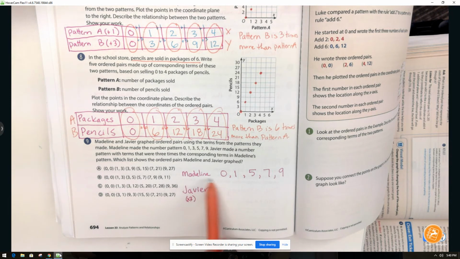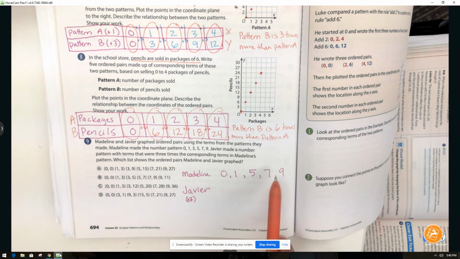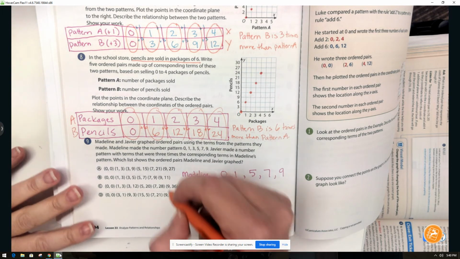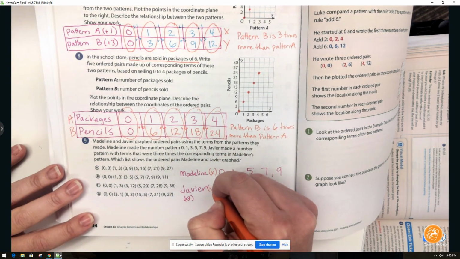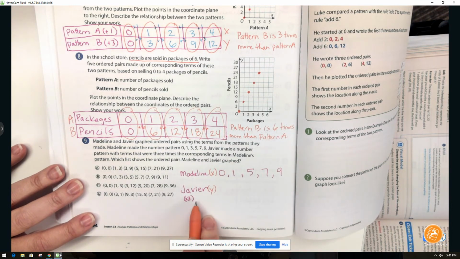So we know that Madeline had 0, 1, 5, 7, and 9. And so Madeline's is our X value. And Javier is our Y value. And Javier has 3 times whatever Madeline graphed.